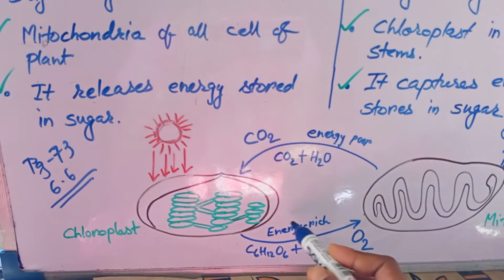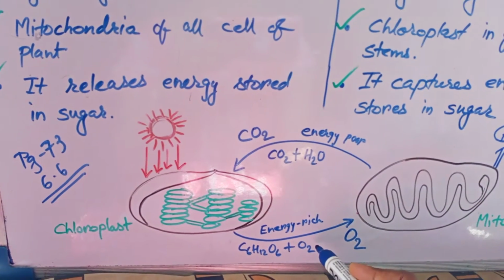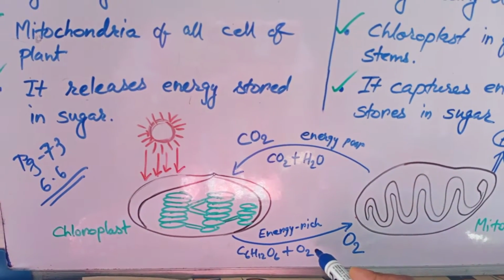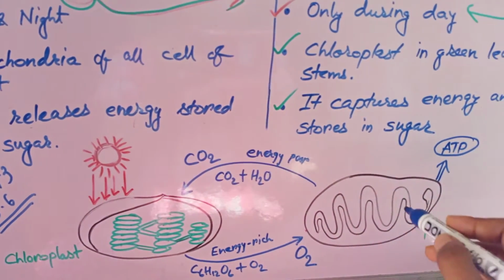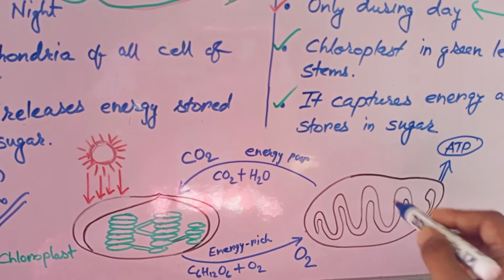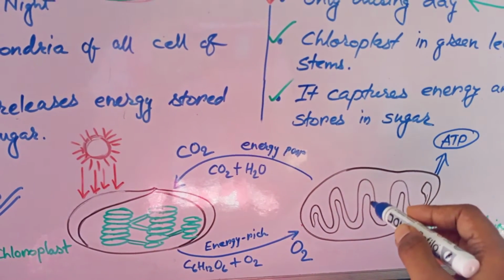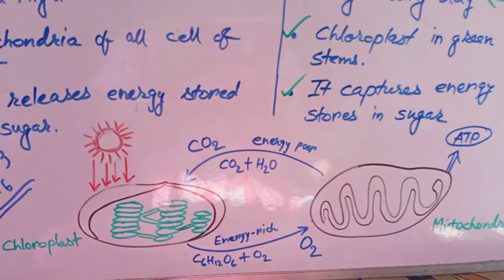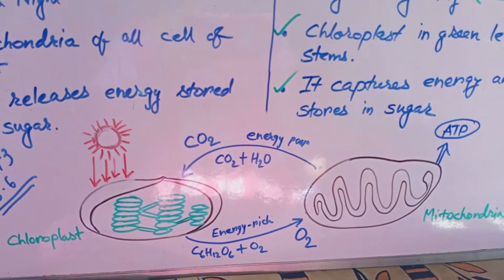The oxygen that is released as a byproduct of photosynthesis is used up in the mitochondria during respiration for oxidation of the glucose that is already stored in the plant.